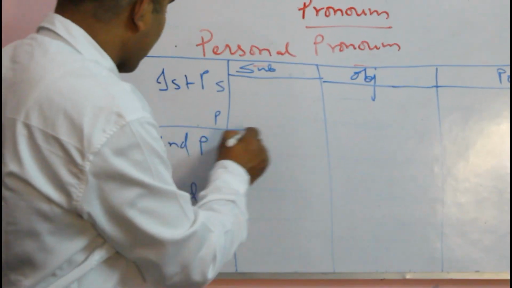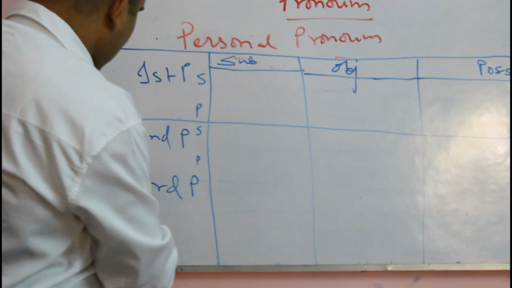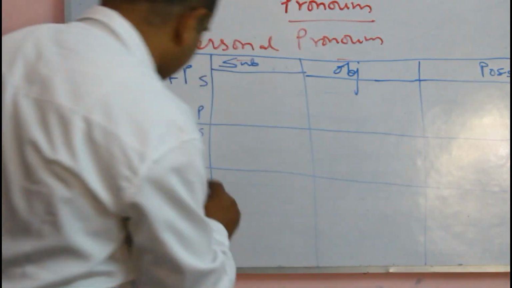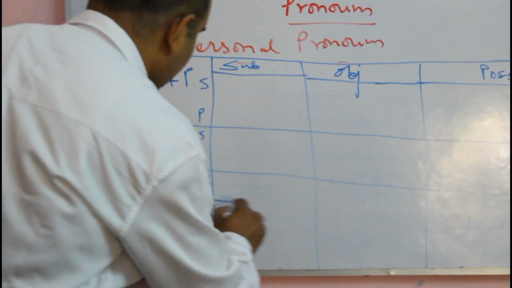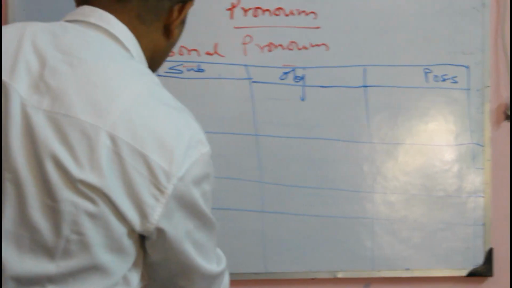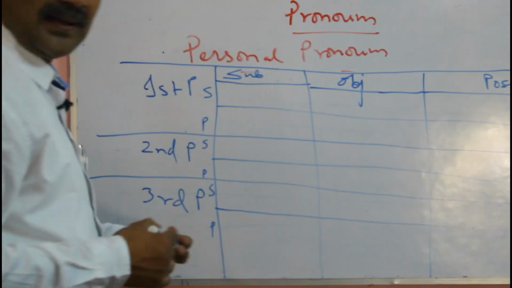Again, second person can be subdivided into 2 categories, singular and plural, and third person can also be subdivided into singular and plural. So you can see that if we divide all the categories, it comes to 18.